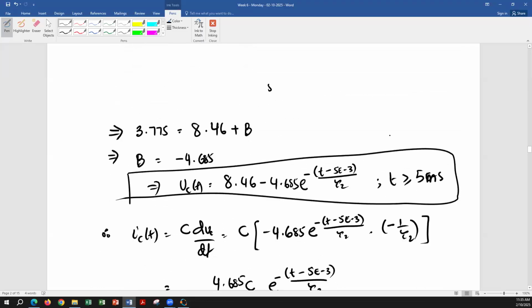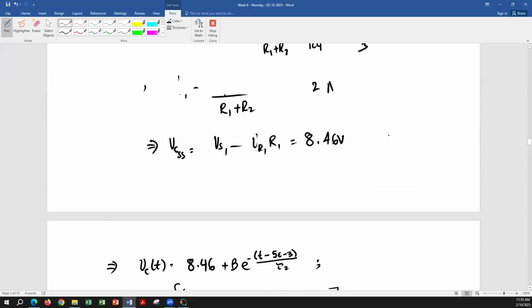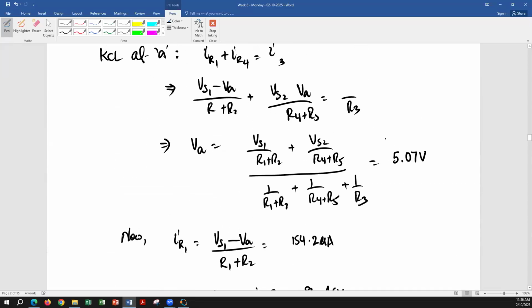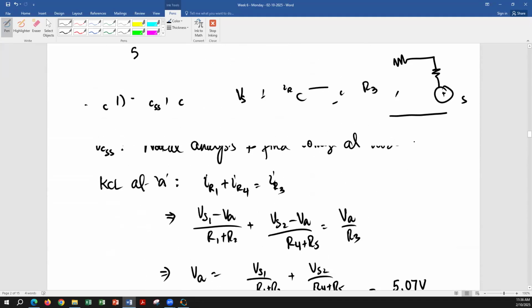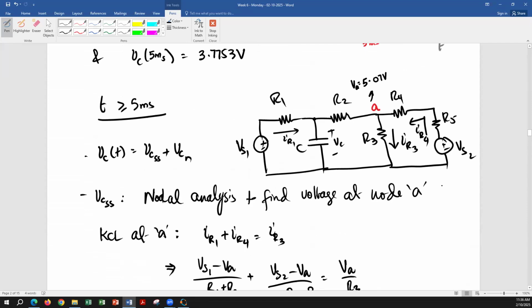All right, since we are out of time, last question quickly. We have to find out the IR1 expression. So let's go to the circuit. Who's going to tell me what will be the expression for IR1? VS1 what? No, but the capacitor is not open right now.